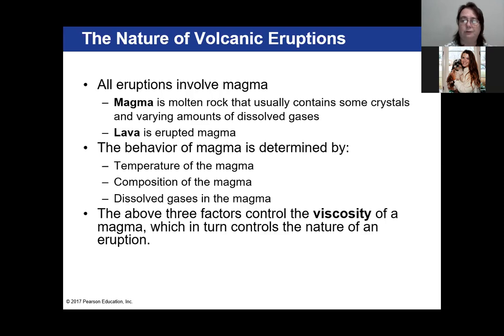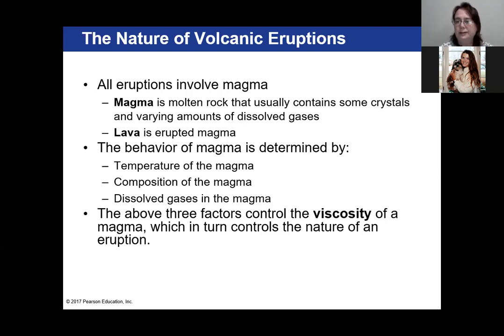Does it have a larger amount of silicates, light colored silicates, or a larger amount of dark colored silicates? And also the amount of dissolved gases, especially water or water vapor. That's really a thing that makes the magma act differently.